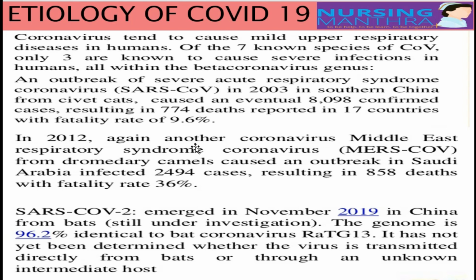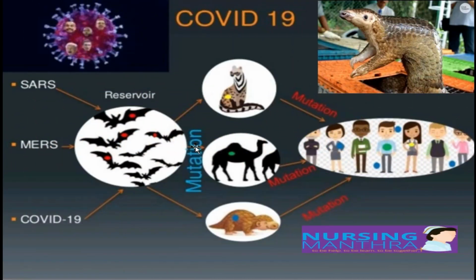This is old data, and the investigations are still in process. So you can see here SARS, MERS, COVID-19, and the animals they are saying it is transmitted from.